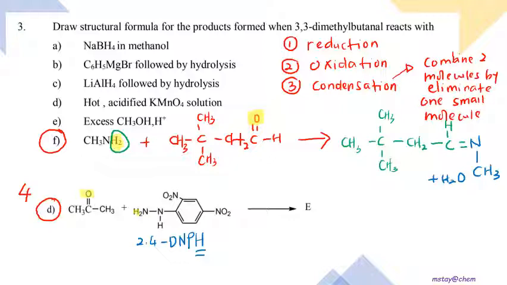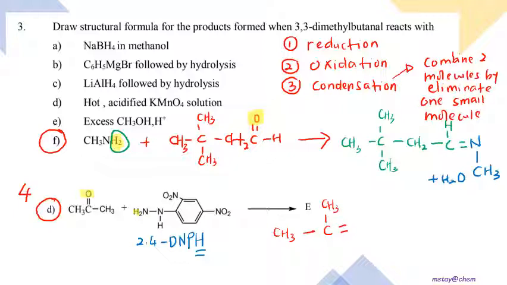Like usual, I always prefer to start from the ketone structure, the carbonyl structure, which is CH3, and the position of the double bond I will change with the methyl group. CH3 and then double bond.